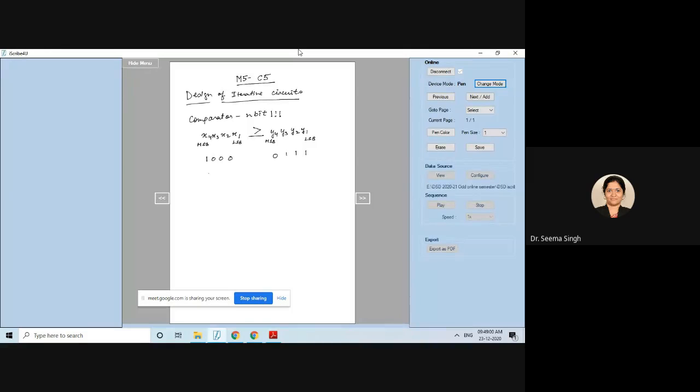Now let me take another example. Okay, this was my example 1. Let me take another example, using the same way it is used in your book. So if I am comparing two numbers like this, what does it do?